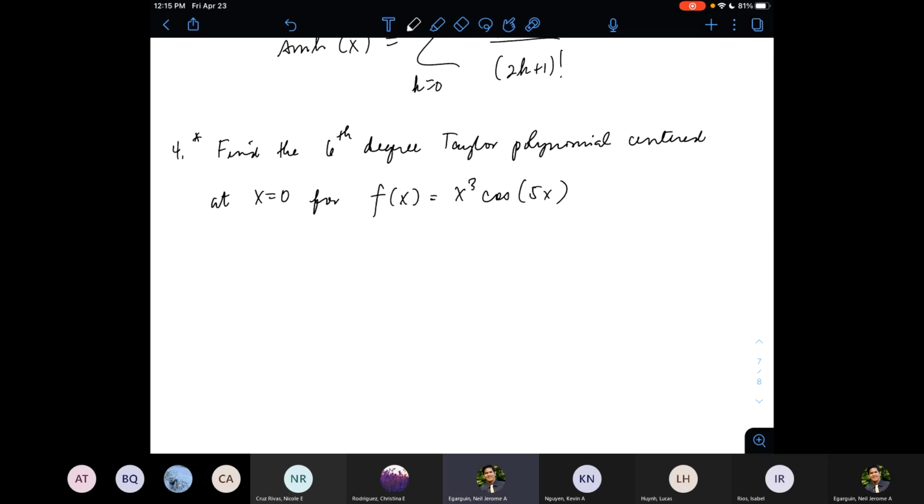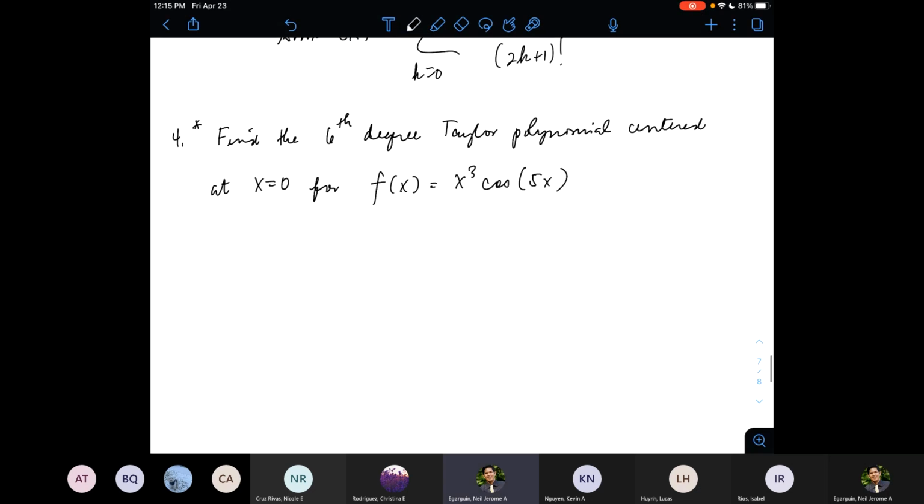Let me just make it 5x just to make it different a little bit. Then find f upper 5 at 0. You will use this answer to get f upper 5 at 0.